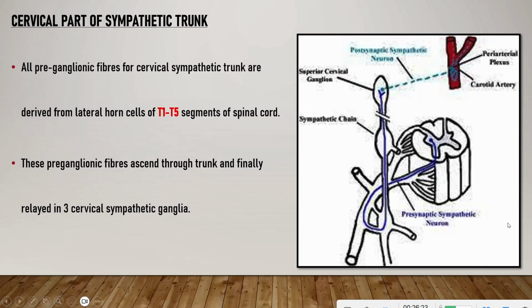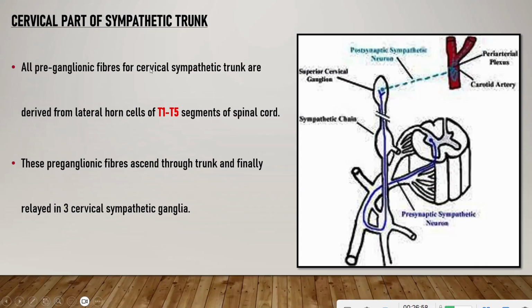You can see in this diagram the thoracic segment. From here the preganglionic fibers reach the T1 to T5 sympathetic ganglion, and they relay here. From here they go upwards to the cervical sympathetic chain, and without relaying there, they go via the gray rami communicantes to the receptor organ.